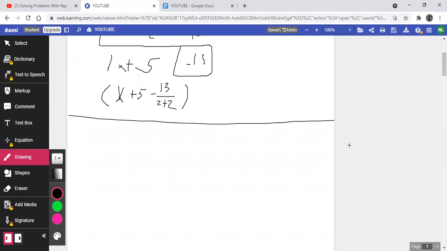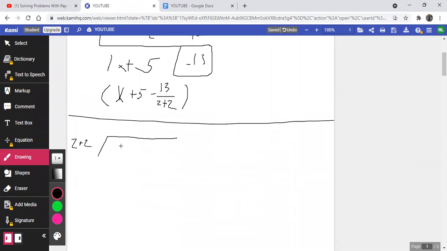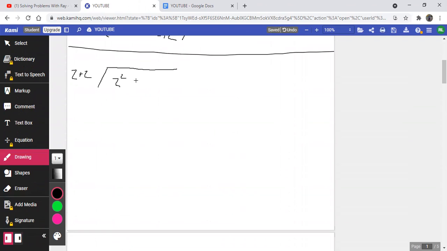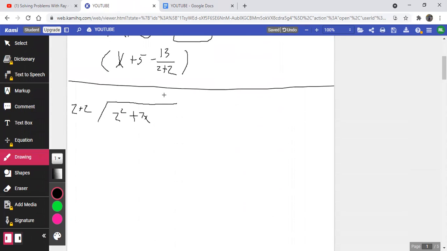That's called synthetic division. The next way of doing it is a way that you guys have all seen before, which is polynomial division. So z plus 2 divided by z squared plus 7z minus 3.